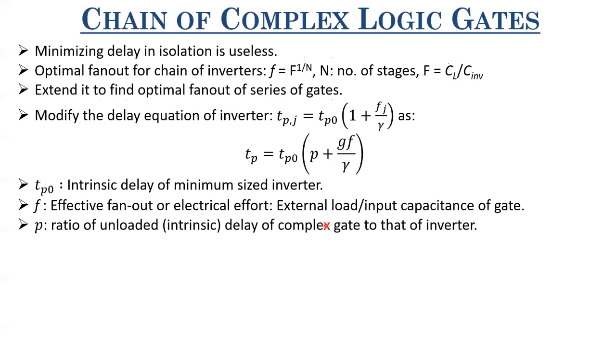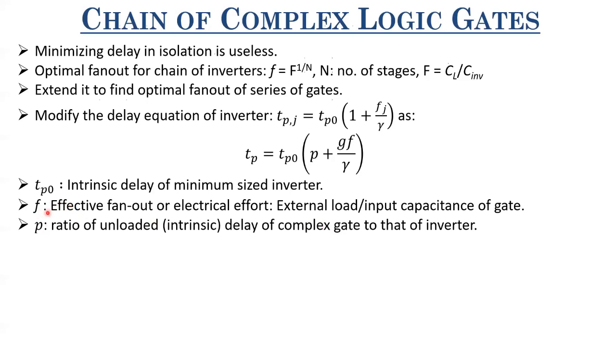But when calculating the delay, we were taking 0.69 R equivalent times CL, and we were saying that this load capacitance is dominated by C external. So we were assuming that an external capacitance was connected to the output of those logic gates, and that was dominating the entire load capacitance.